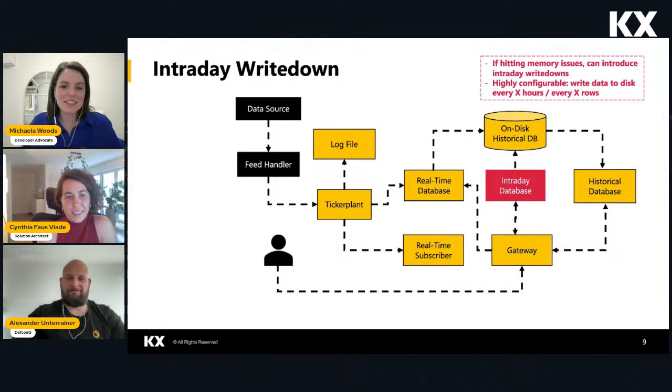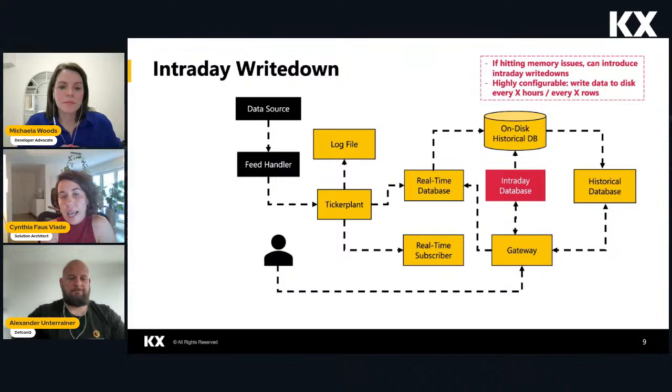But yeah, the next topic or flavor, I think we did mention Intraday Writedown when we were talking about gateways, but Cynthia, do you want to talk a little bit more about it in detail for us? Yeah, sure. So the Intraday database, as you can see on the architecture diagram, it's basically adding another tier to your database.